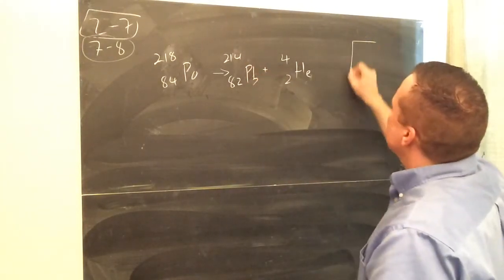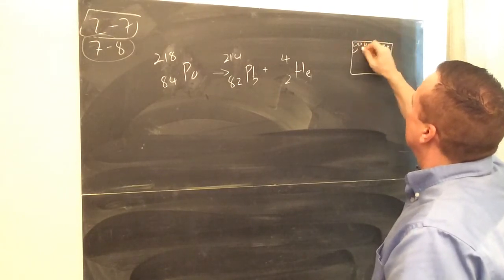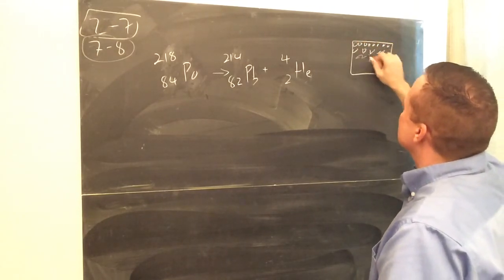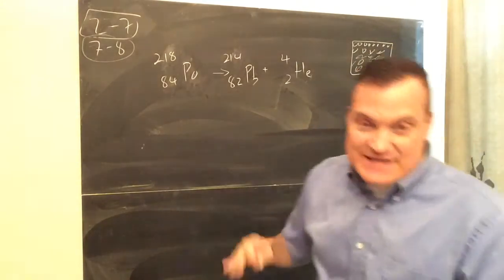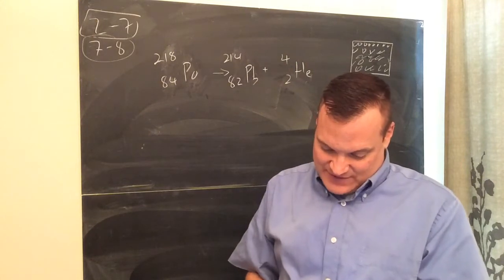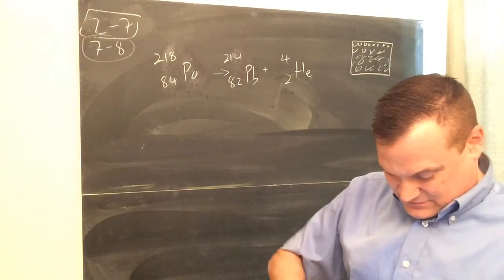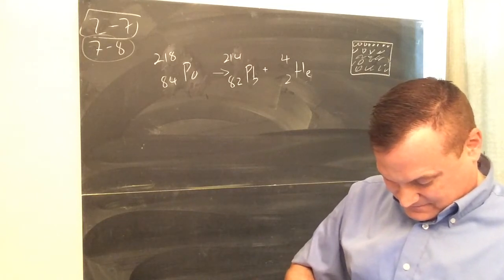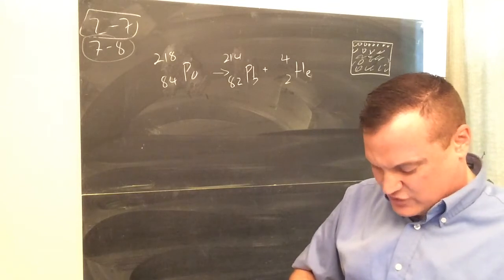So what does this mean exactly? If I have a radioactive sample of polonium, just say I have billions and billions of atoms of polonium, what happens is it has a half-life. Let's see what the half-life of that is. I need to have this printed out. Polonium-218, I'm looking at the chart on your worksheet.